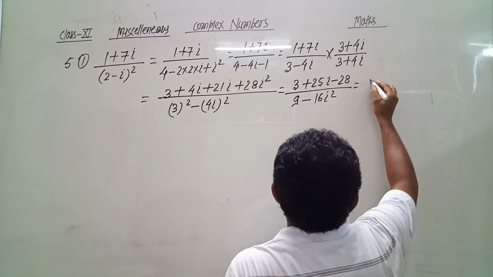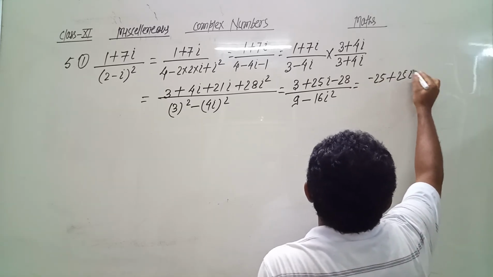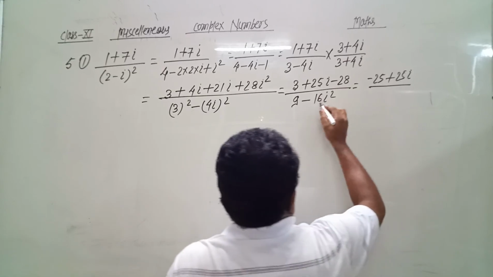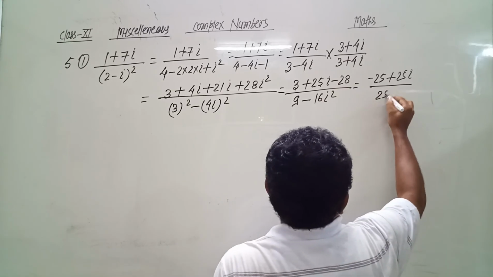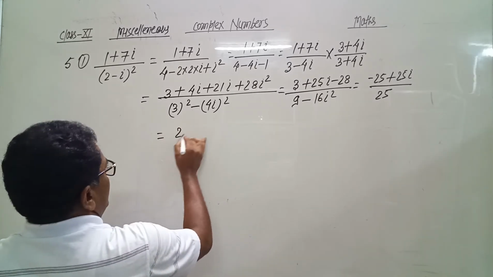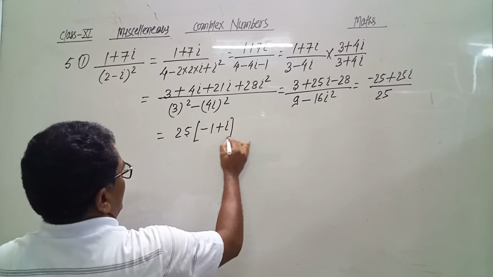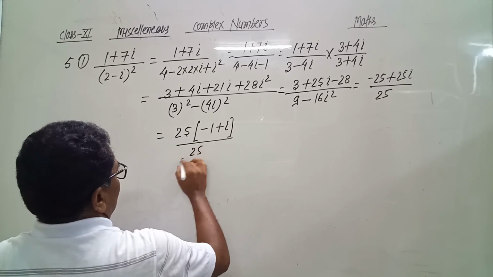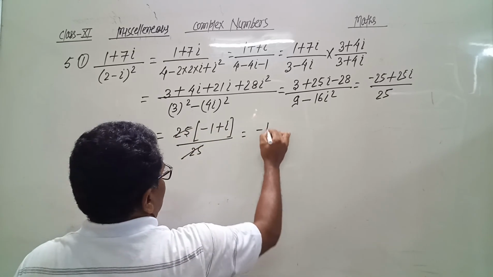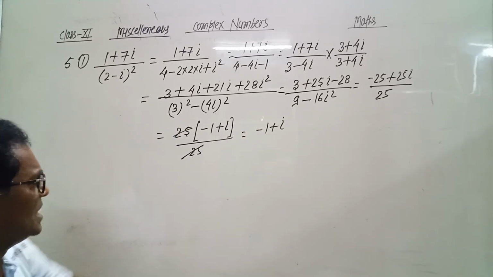So 3 minus 28 is minus 25, plus 25 iota, upon 16 plus 9, which is 25. Then we take 25 as common, 25 and 25 get cancelled, and we get the complex number minus 1 plus iota.